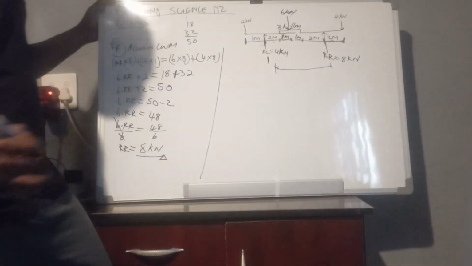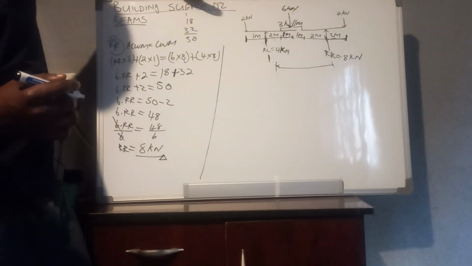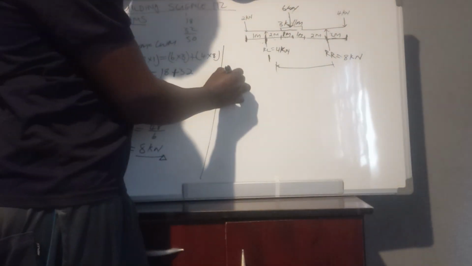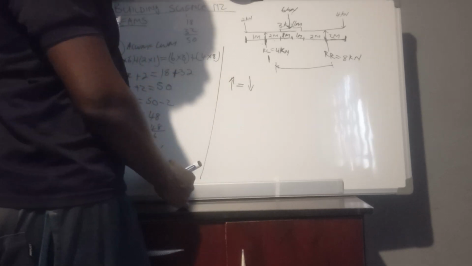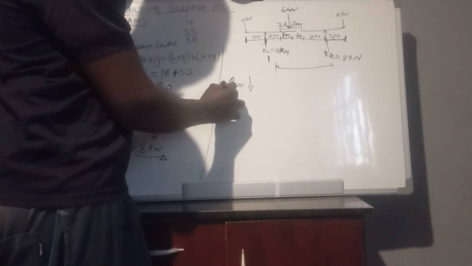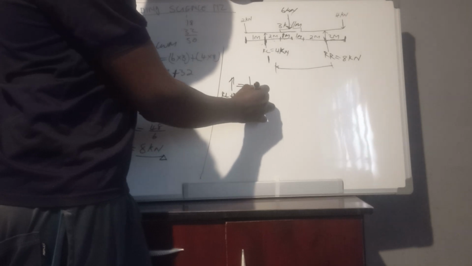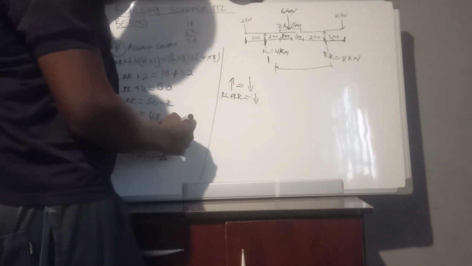kilonewton, right? Then from here, last step, whereby they say test or check your answer or prove your answer, you are going to say upward is equal to downward, whereby you're going to say RL plus RR is equal to the downward force, whereby RL is equal to 4.